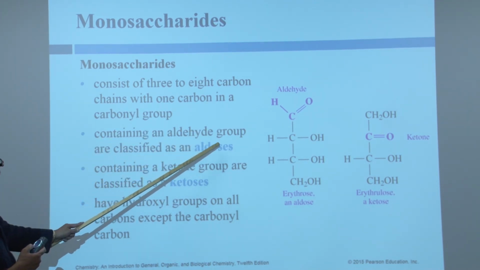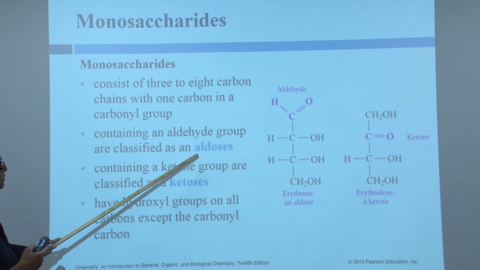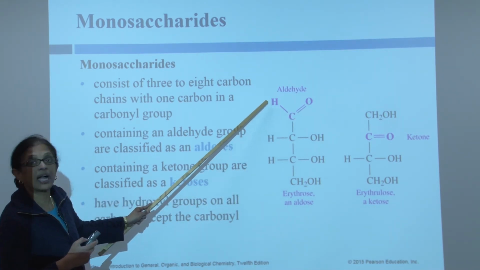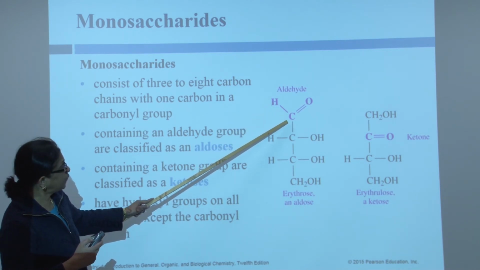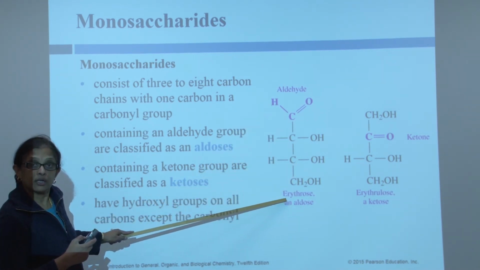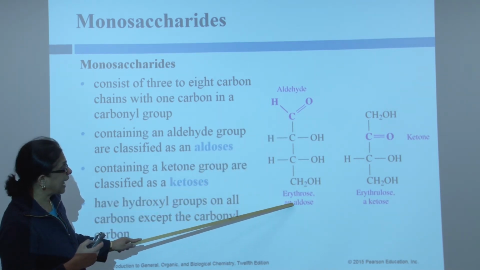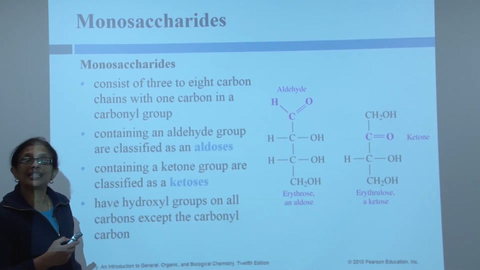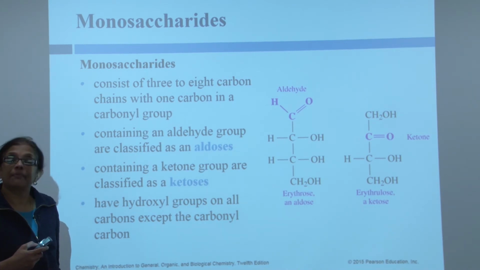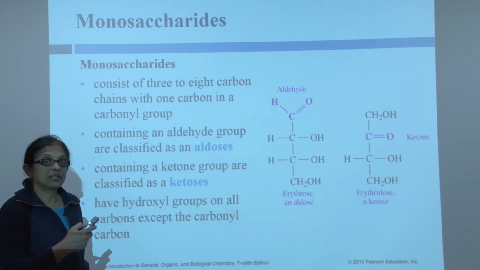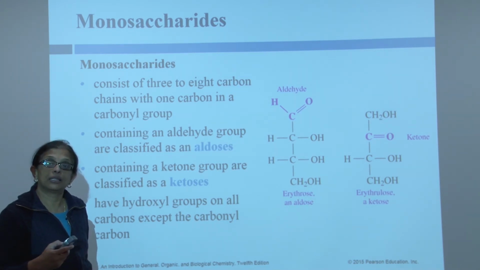Monosaccharides containing an aldehyde group are classified as aldoses. So we know this is an aldehyde group, a carbonyl group connected to a hydrogen. So if the monosaccharide is connected to an aldehyde group, you call it an aldose. OSE is the ID for a carbohydrate, similar to OL, the ID for an alcohol, and AL, the ID for an aldehyde.